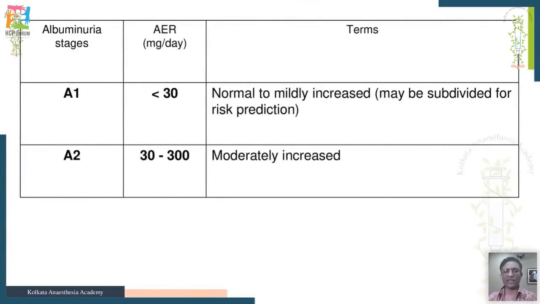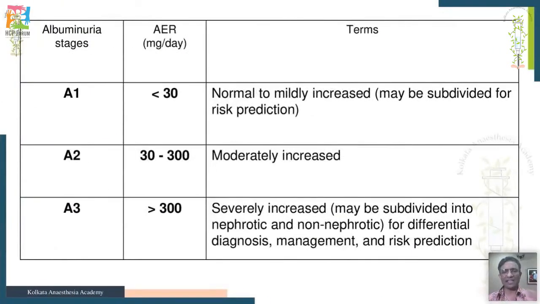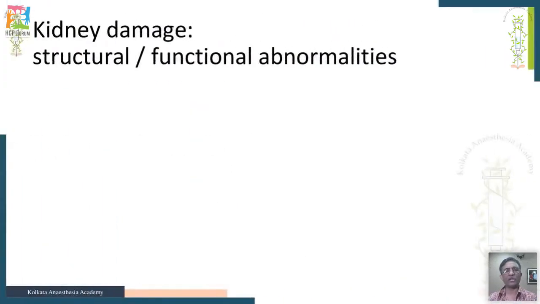Again, this is very theoretical, and it helps in classifying how much it has bearing on anesthetic management. I'm not very sure, but it would definitely have some implication on prognostication. Duration is again that 6 months, as I told you before, to differentiate it from acute kidney injury.